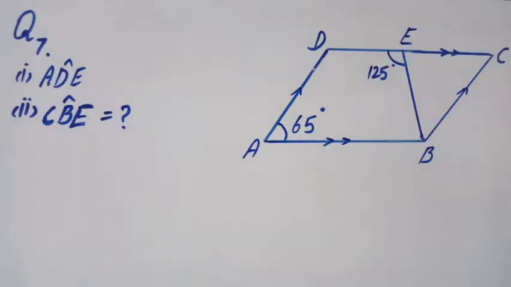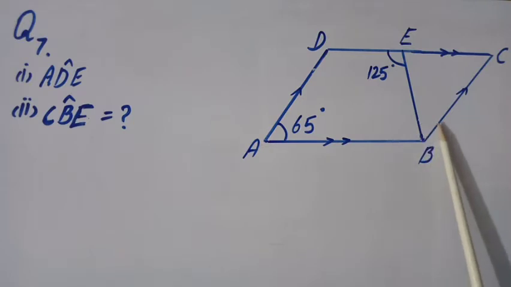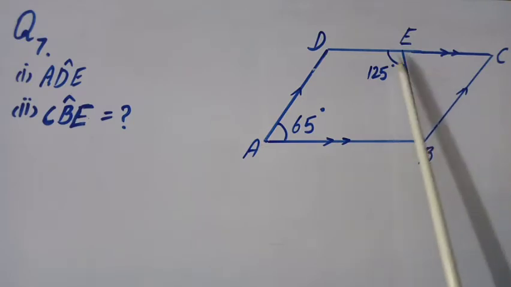Now in the second part we have to find out the angle CBE at the point B, right?